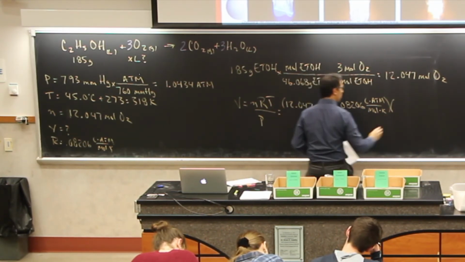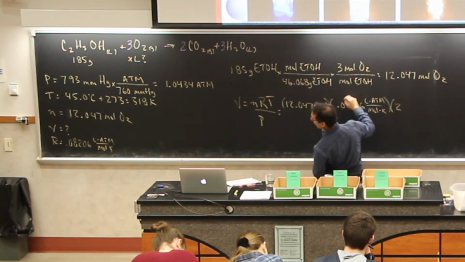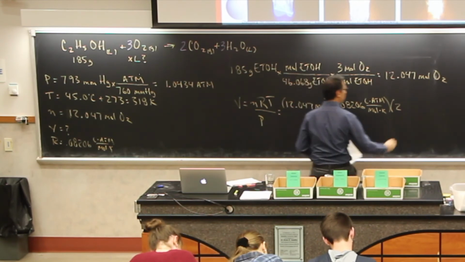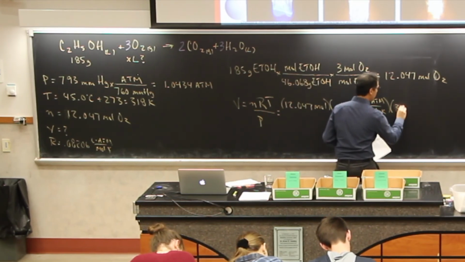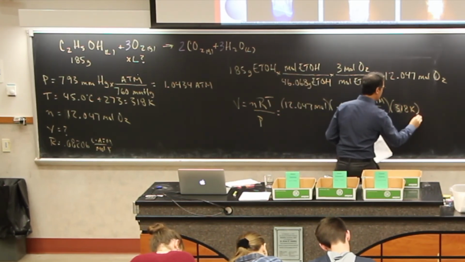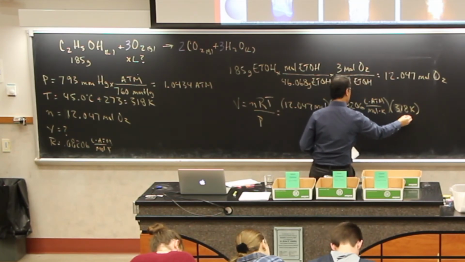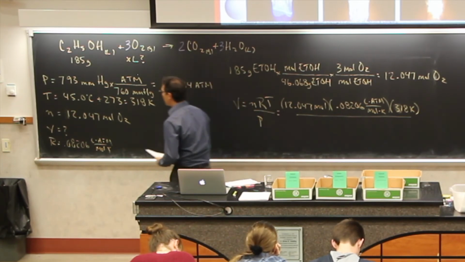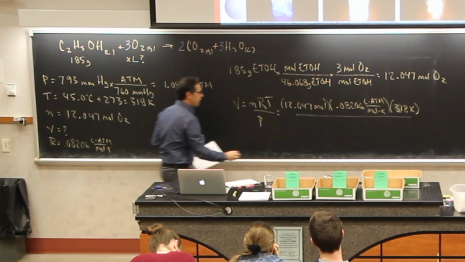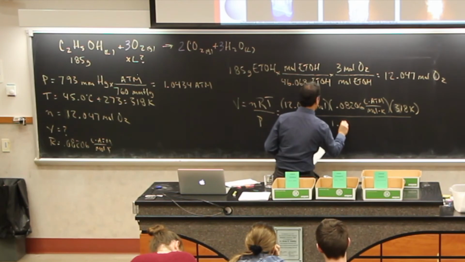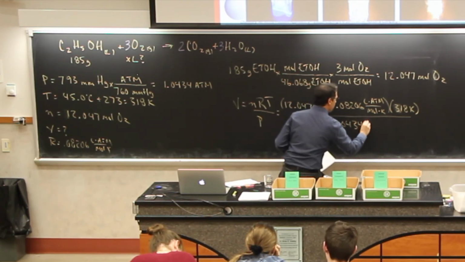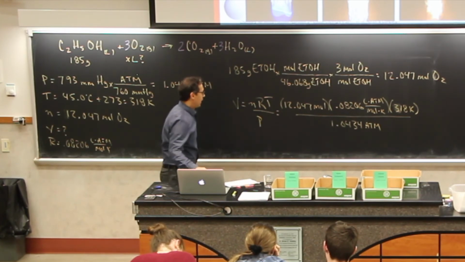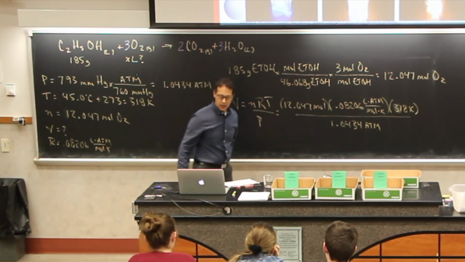And then temperature is 318 Kelvin. And then down below is my pressure. My pressure is 1.0434 atmospheres.